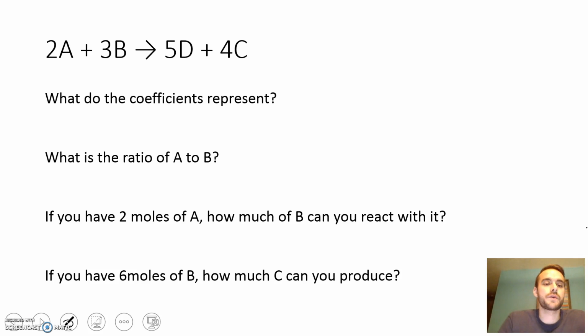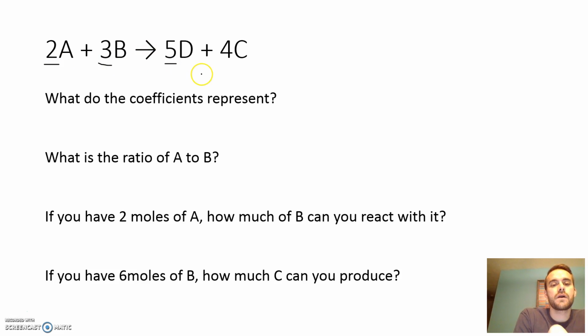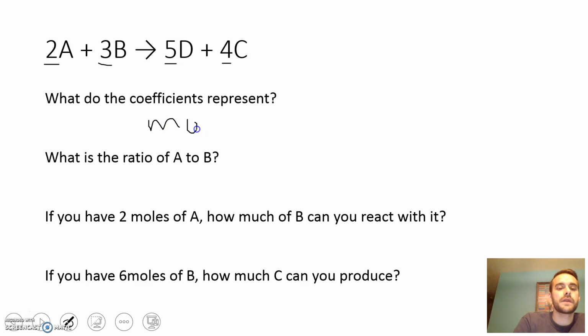For our first equation, we're going to say that 2A plus 3B goes to 5D and 4C. If you look here, the coefficients are from a balanced equation. They're representing the number of moles of that reactant needed or that product produced. So we'll go ahead and add that in.